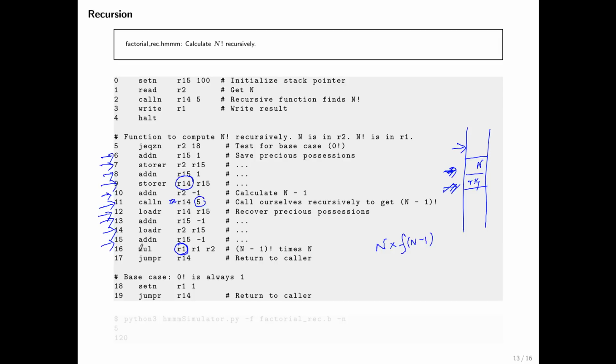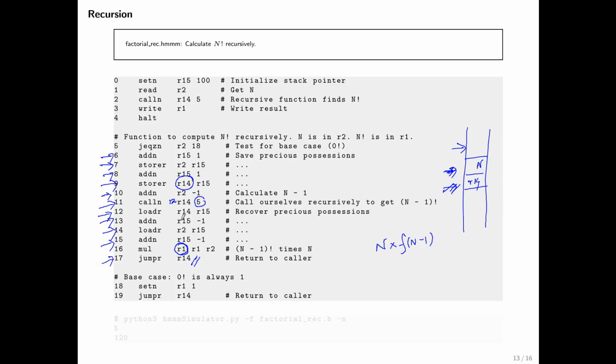Then we multiply whatever is in R1, the factorial of n minus 1, with whatever is in R2, which is n, and we store that result back into R1, the output register. And then finally we jump to the caller.